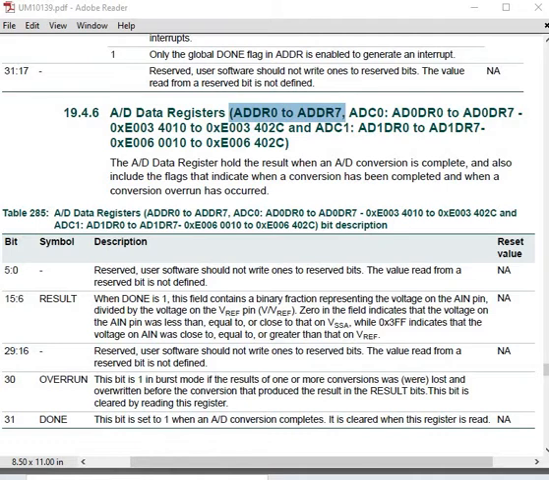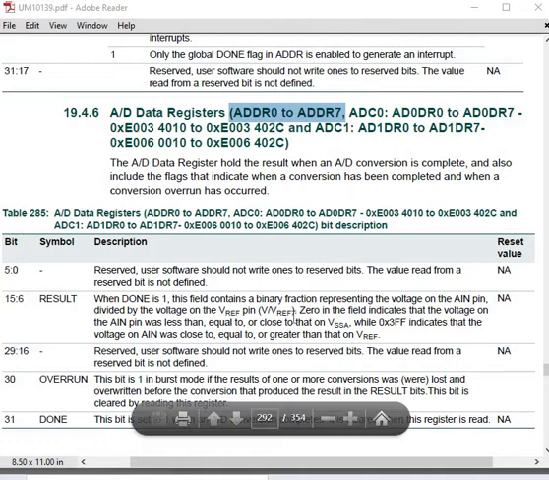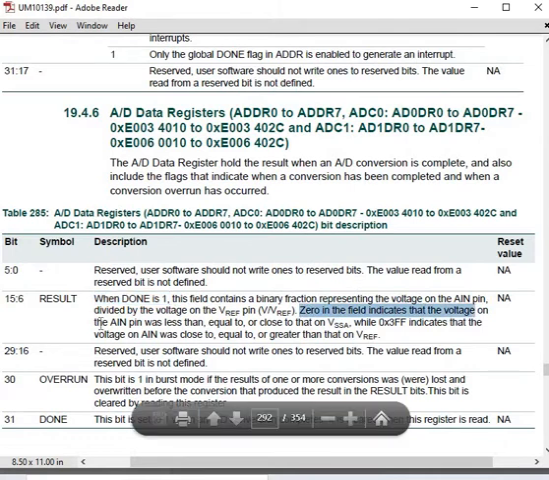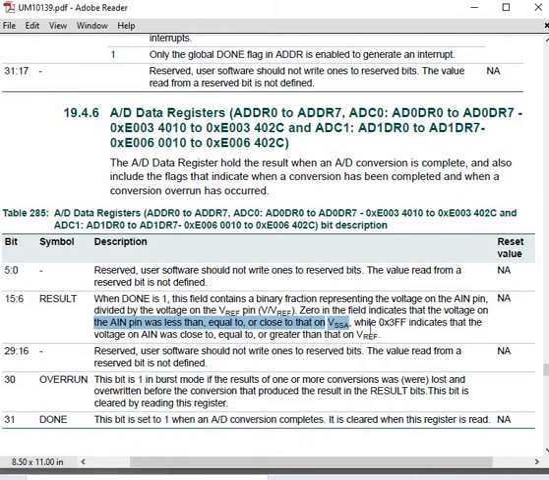When the value we get is 0x3FF, when we talk about the result, here when done equals 1, I repeat again: 0 in the field indicates that the voltage on the analog pin was less than or close to the ground pin of the analog to digital converter, VSSA.